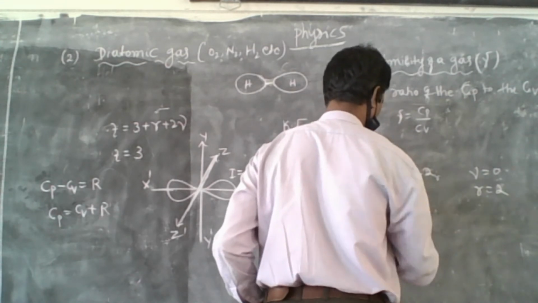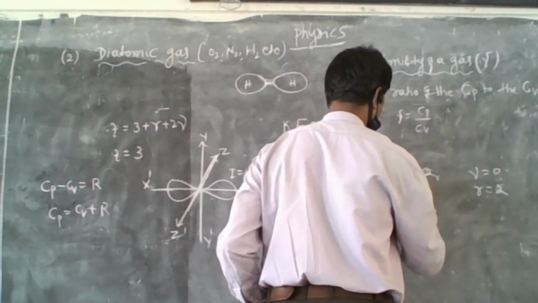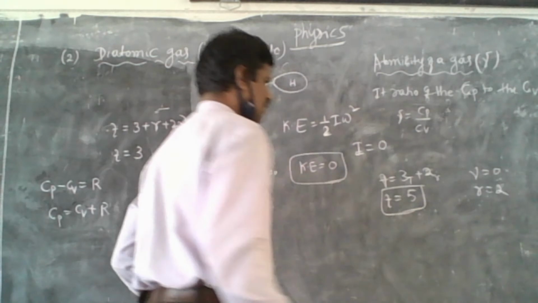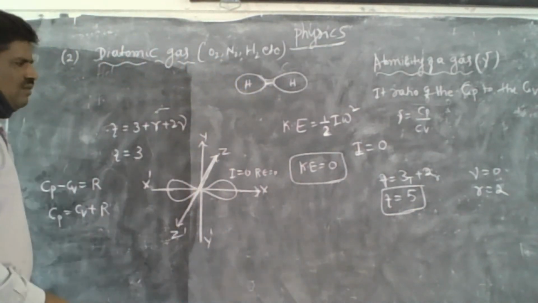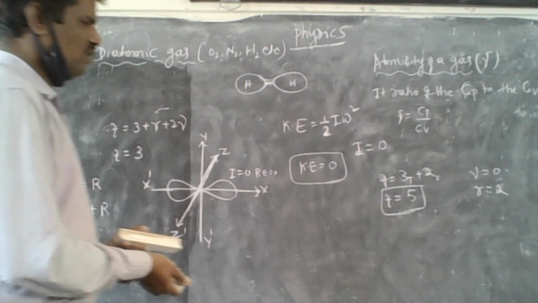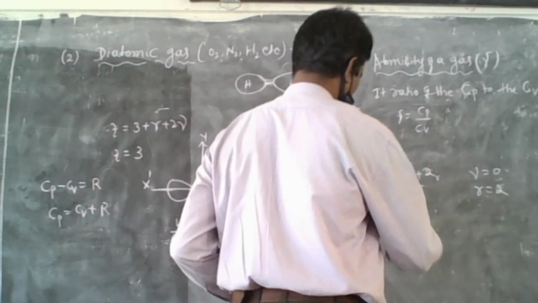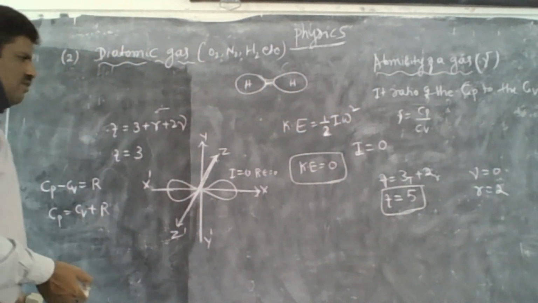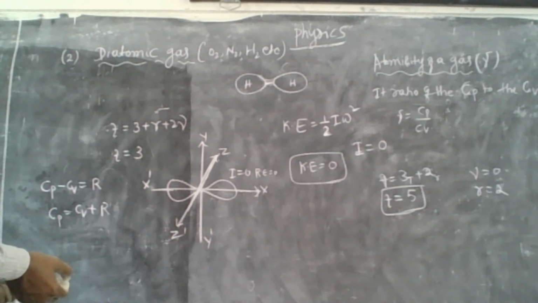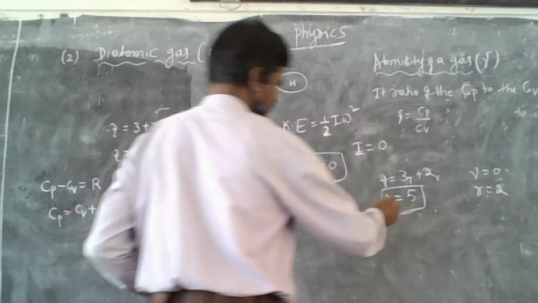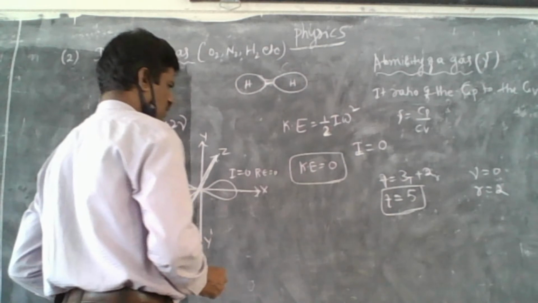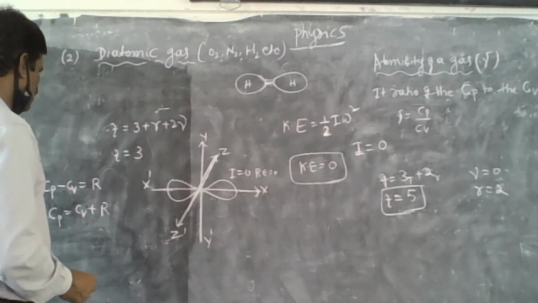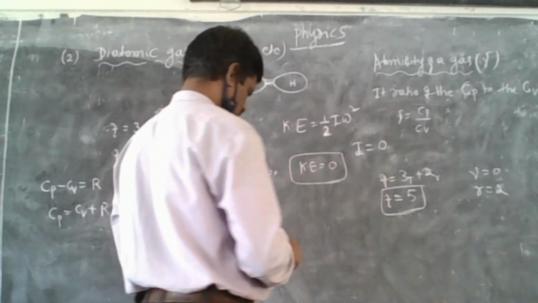This is due to rotation. The total degrees of freedom of the molecule along the coordinate axes is 5. So now we are going to discuss the atomicity of gases.